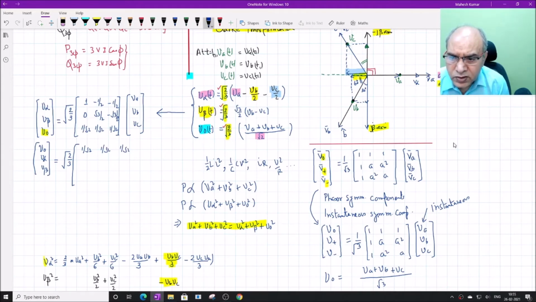And this becomes 1, minus half, minus half. This is 0, root 3 by 2, minus root 3 by 2. Close this bracket. This into VA, VB and VC.